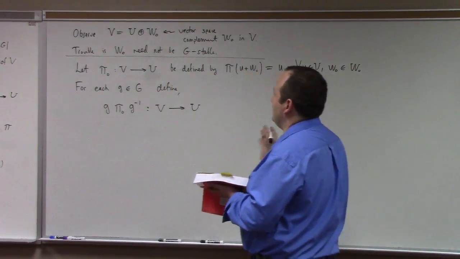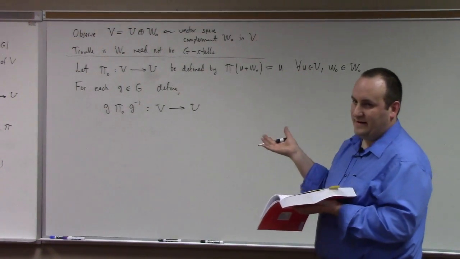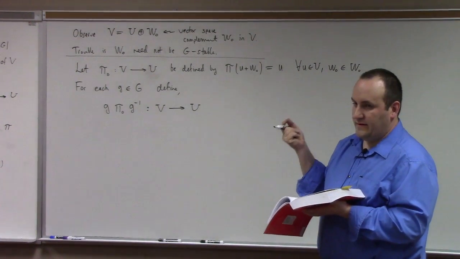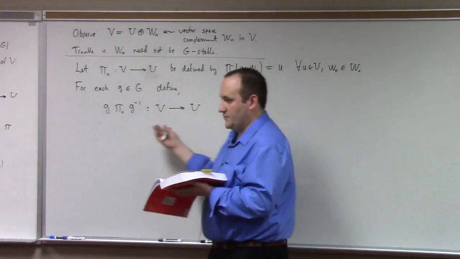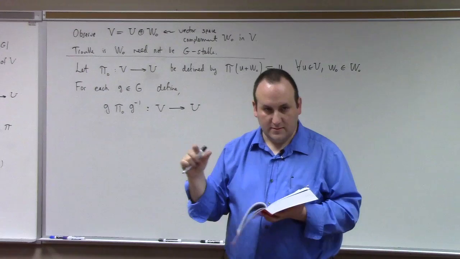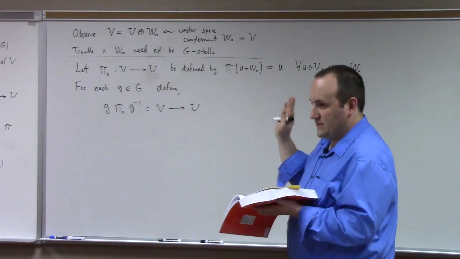I think partly what he's saying is that this W naught may not be the W we're looking for. The W we're looking for is going to appear as the kernel of the projection we're building. But we're using a given direct sum.